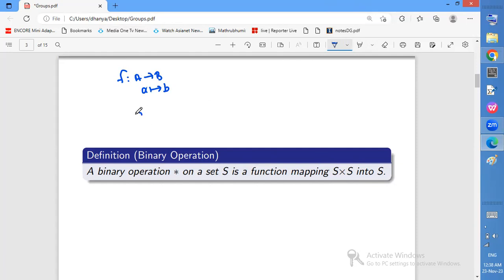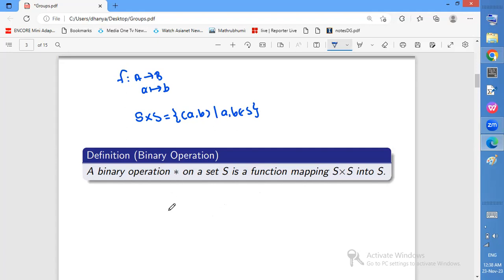It is the Cartesian product. Given a set S, S cross S is the collection of all ordered pairs of elements of S. Let me write: the set of all (a, b) such that a, b belong to S. Any such function is a binary operation on that set S.